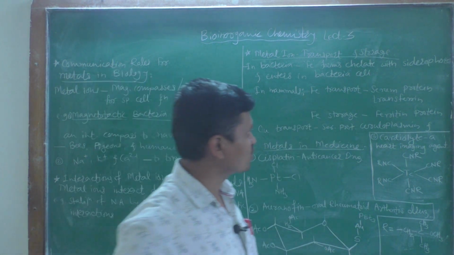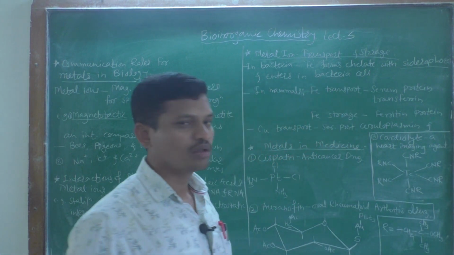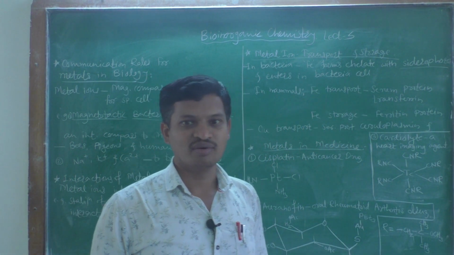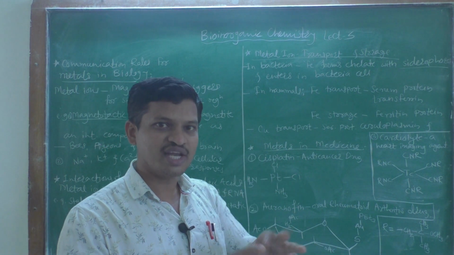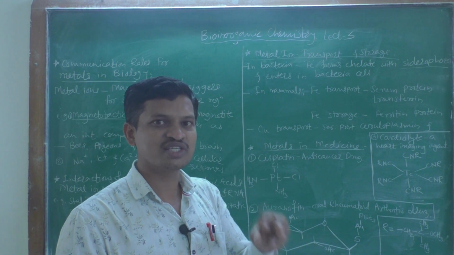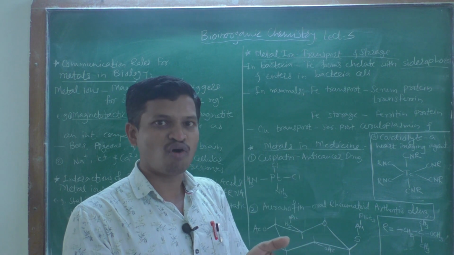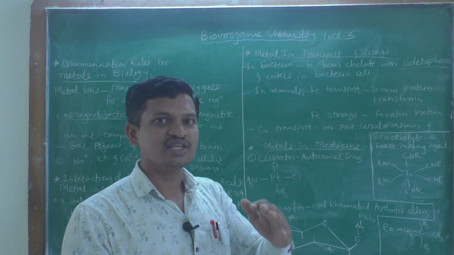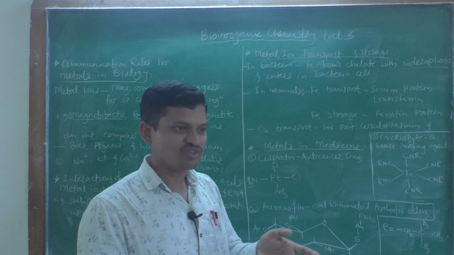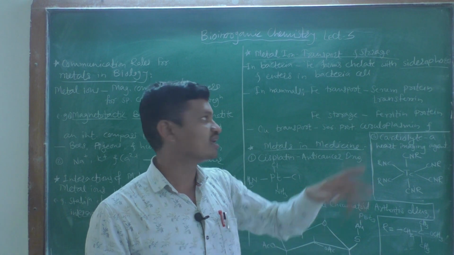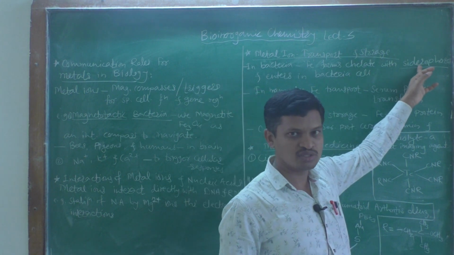So the siderophores act as a ligand. These siderophore molecules form a chelate complex, a coordinate complex, with the central metal iron, and when the chelate is formed, that chelate enters the bacterial cell. That chelate with the central iron metal and surrounding ligands is known as a siderophore.